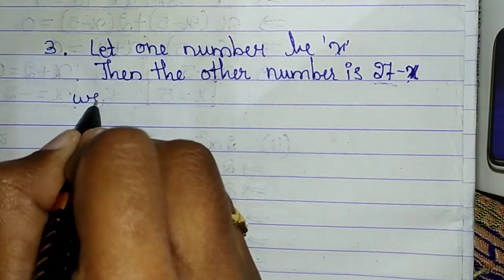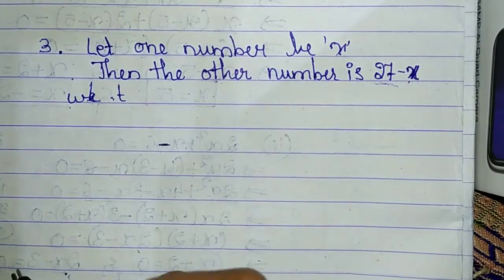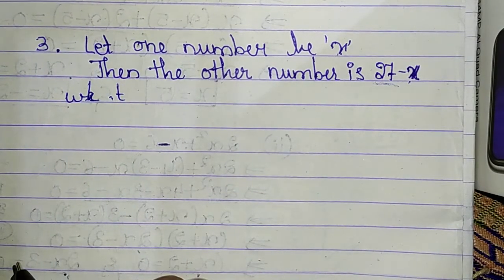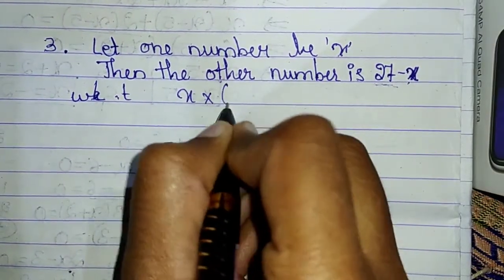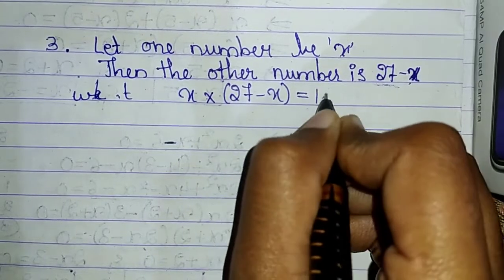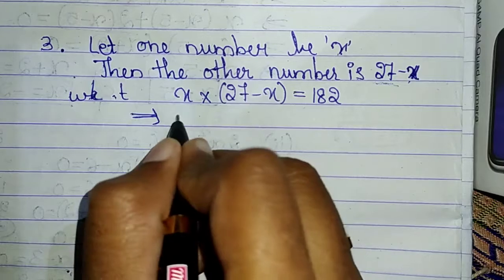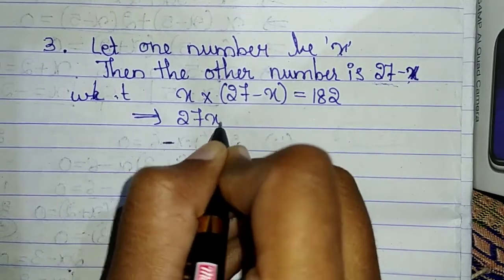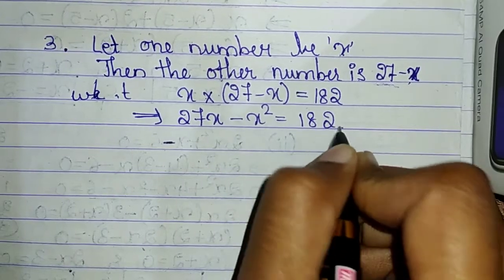Also, we know that they have given us that the product of both these numbers is 182. So that means x into 27 minus x is equal to 182. So opening the brackets and simplifying, we get 27x minus x square is equal to 182.